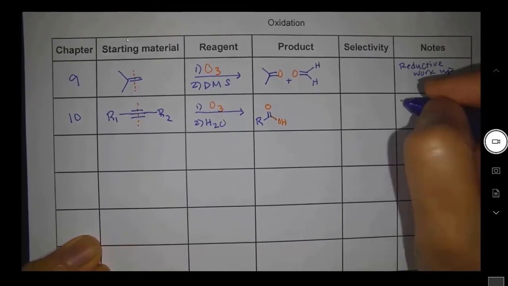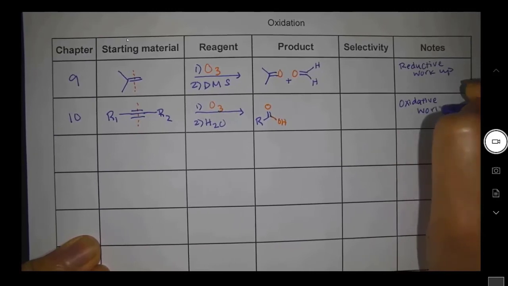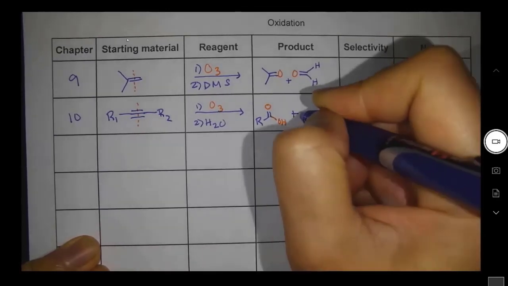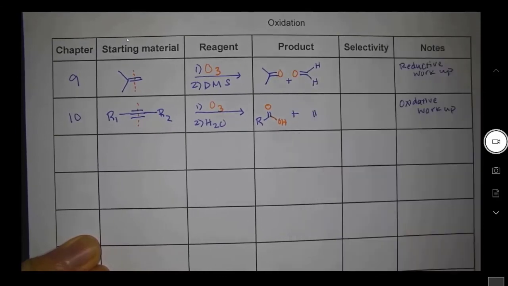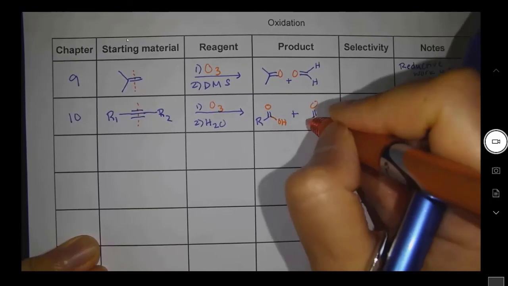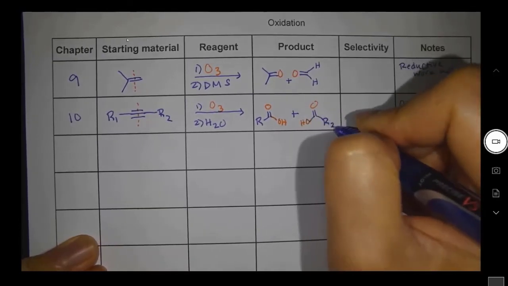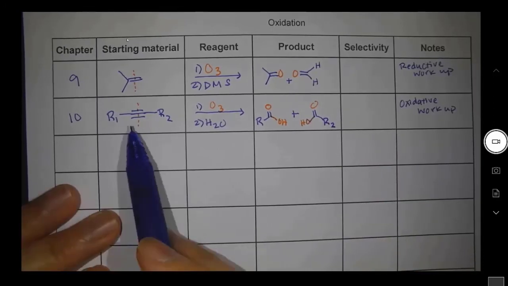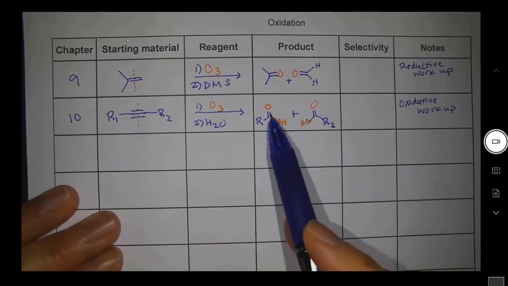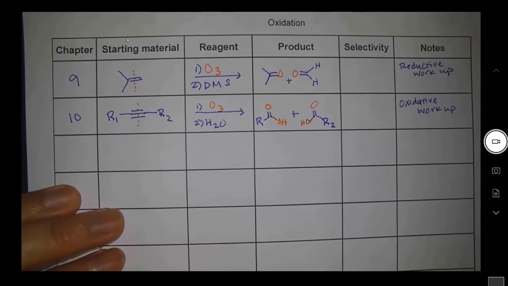So this is an oxidative workup. So we cleave that double bond. We get 2 carboxylic acids. So that triple bond, 2 of those things go to form the carbon oxygen double bond, and then we get an OH there. So you end up with 2 carboxylic acids if you have an internal alkyne.